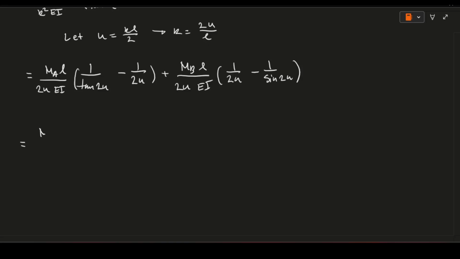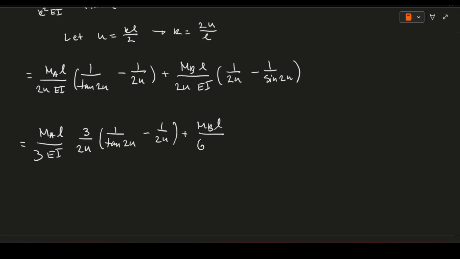This becomes MAL over 3EI times 3 over 2U times 1 over tangent 2U minus 1 over 2U, plus MB times L over 6EI times 3 over U times 1 over 2U minus 1 over sine 2U.